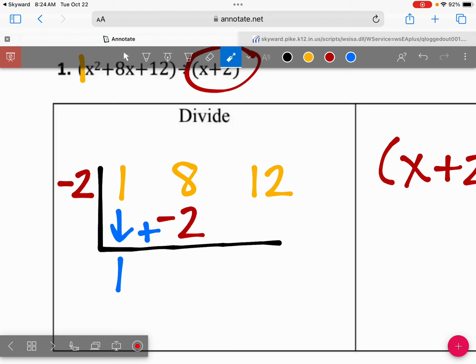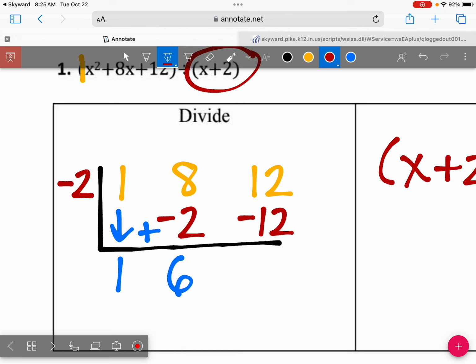And you should get 6. And then we're going to repeat that one more time. This time we're going to take the 6 and multiply that by -2. 6 times -2 would be what? Go ahead, pick up your calculator, and you put that under the next number.